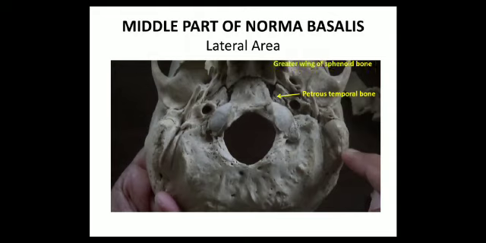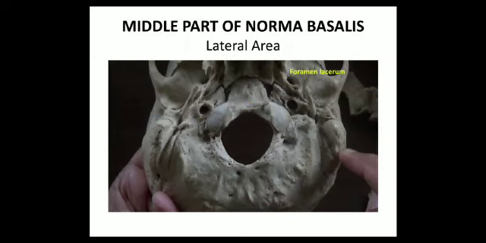Anterior to this we can see the greater wing of the sphenoid bone and the base occiput. So, the petrous temporal bone, which is triangular in shape, lies between the greater wing of the sphenoid and the base occiput. Anterior to that we have the foramen lacerum, which is irregular in shape, and in the posterior aspect of the petrous temporal bone we can see the carotid canal.